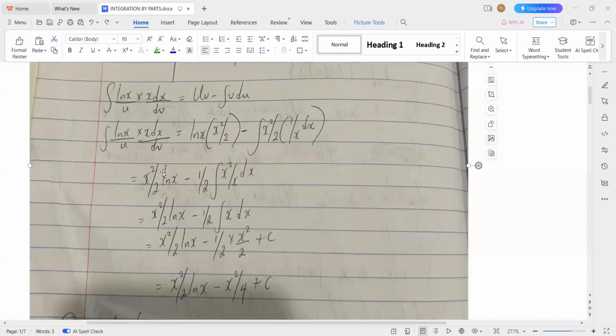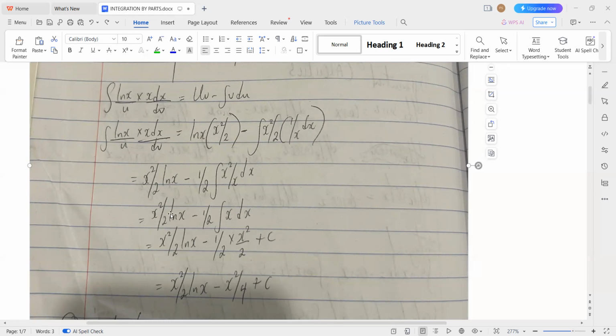So we have x squared over 2 natural log of x minus, because we have x squared over 2 here, we can rewrite it as 1 over 2 times x squared, still the same thing, and bring the 1 over 2 outside the integral. So which is why we have 1 over 2 here, integral of x squared over x dx.